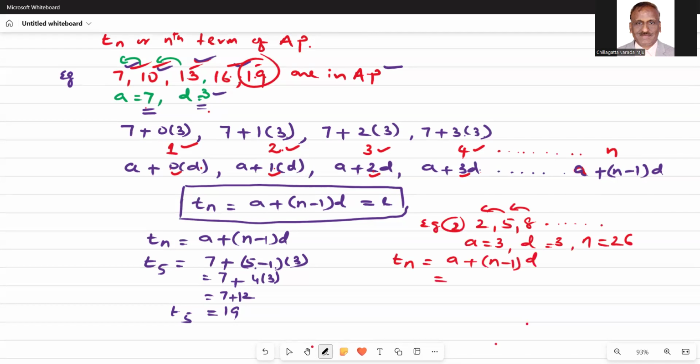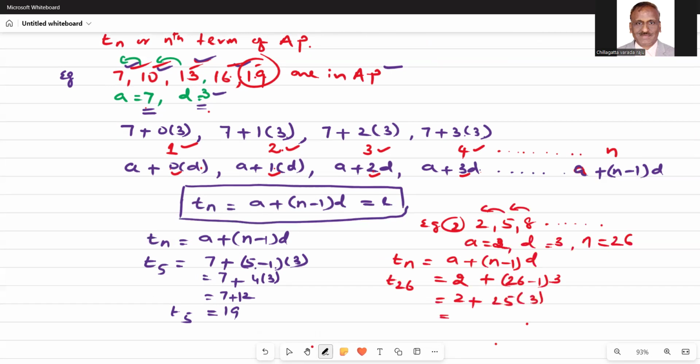So A is equal to what? A is not 3, A is equal to 2. So that is 2 plus (n minus 1), and we want T26. T26 is equal to 26 minus 1 into common difference, which is 3. So that is 2 plus 25 into 3.